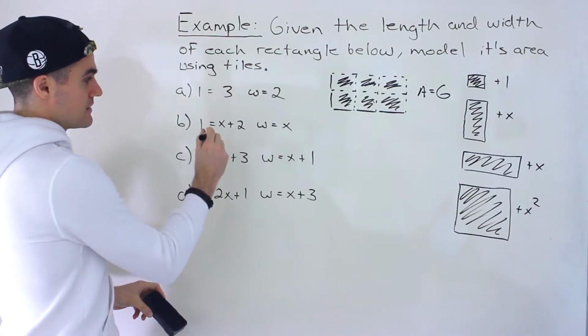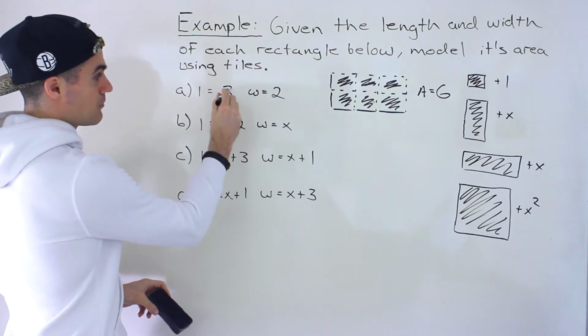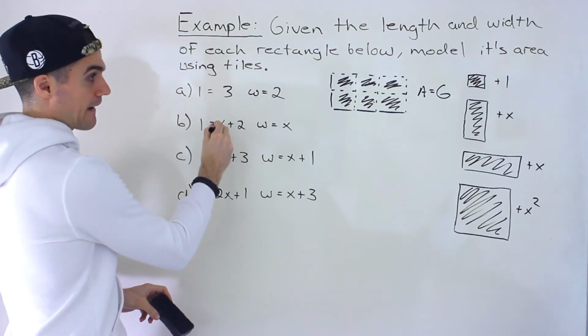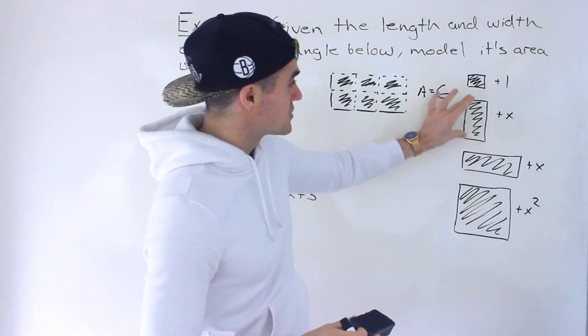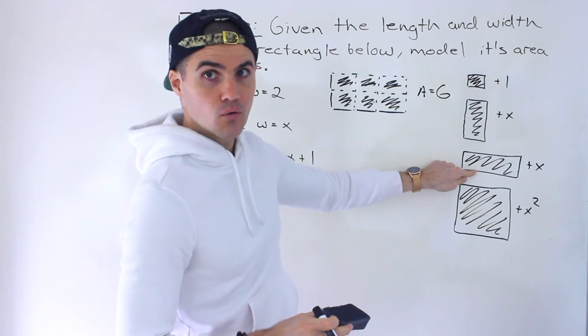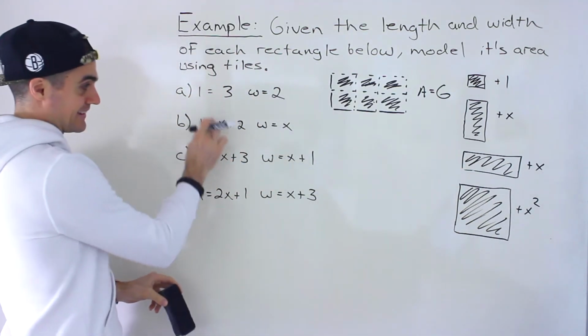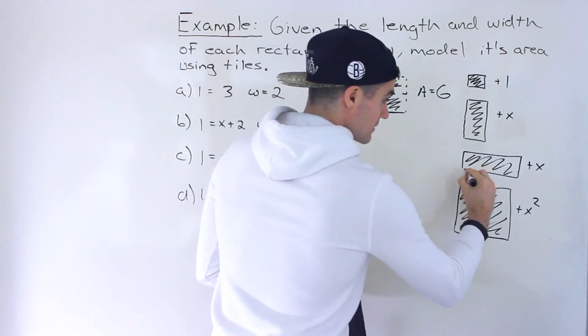It's just that in this case, notice the length is x plus 2. So it's not just a number 3, there is a number 2, but there's also a variable x over here. And if you remember, x is represented with a rectangle. And so the way we would represent this x in the length is we would just draw the base of this rectangle.